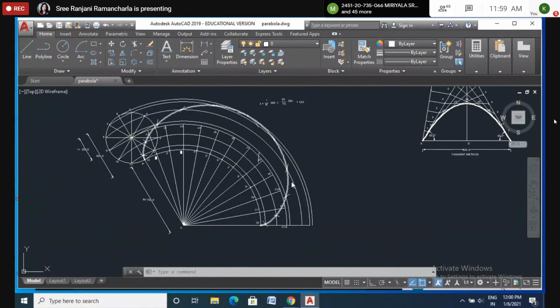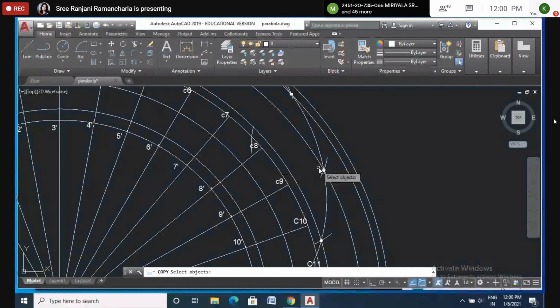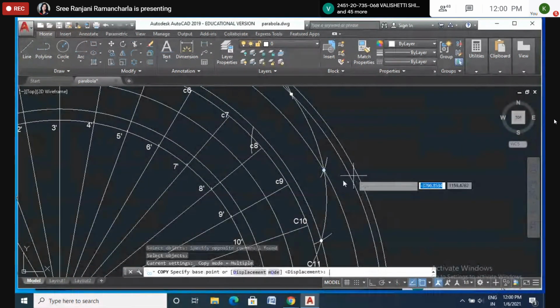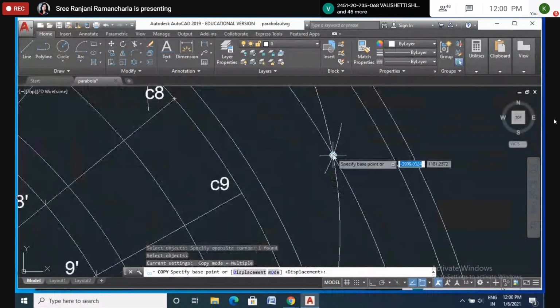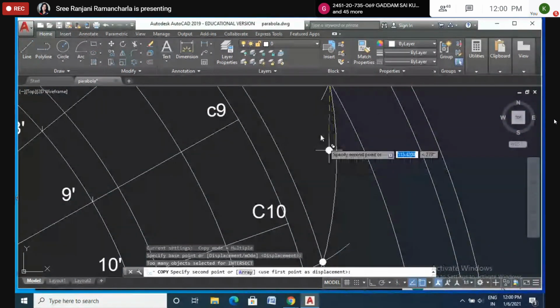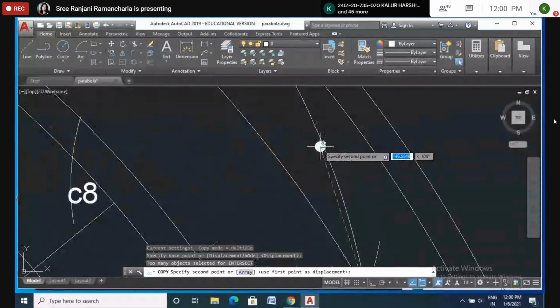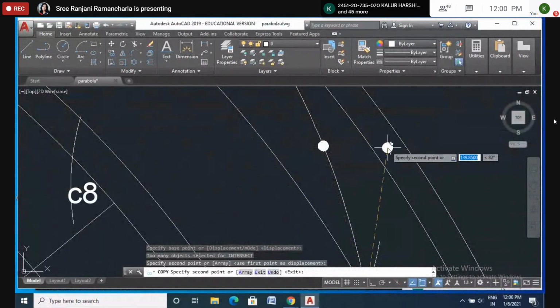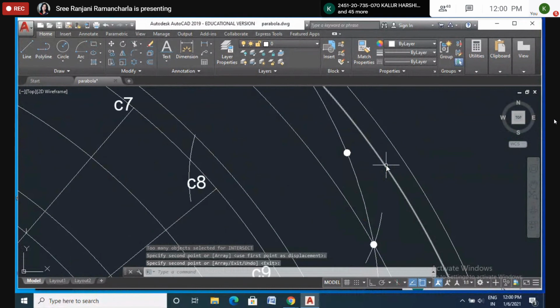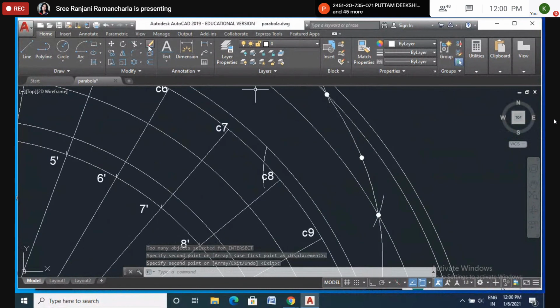Copy. I want to copy that point. Suppose I will select this one. Enter. Okay, I will take here. Now here, this is the previous line.